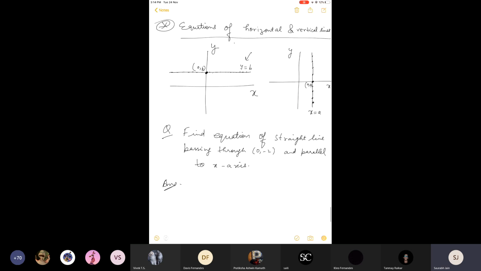Equation of a straight line parallel to the x-axis passing through 0 comma minus 2. Draw the diagram, you will get the answer.